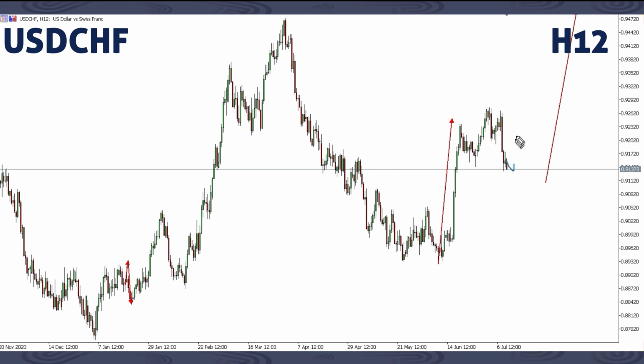Or we can get an advancing correction where we get a drop, or even from here we can have another corrective structure, then a small down move, then price may move up after we get this bigger corrective structure here. Now that is what we have on USDCHF. We're expecting a corrective structure, either a small one or a bigger one, then price can start continuing up.